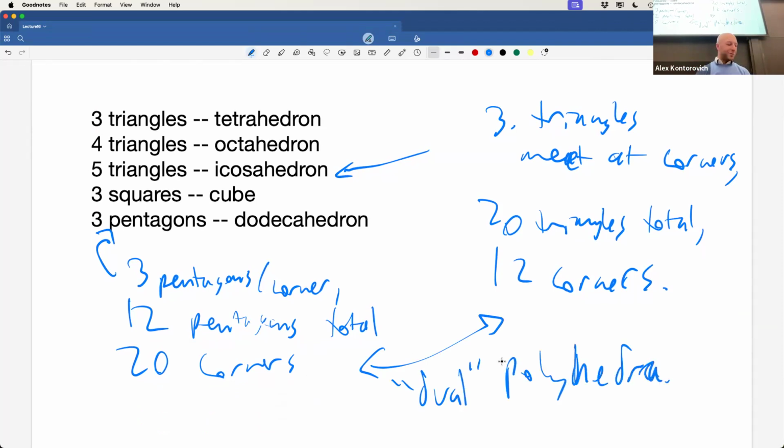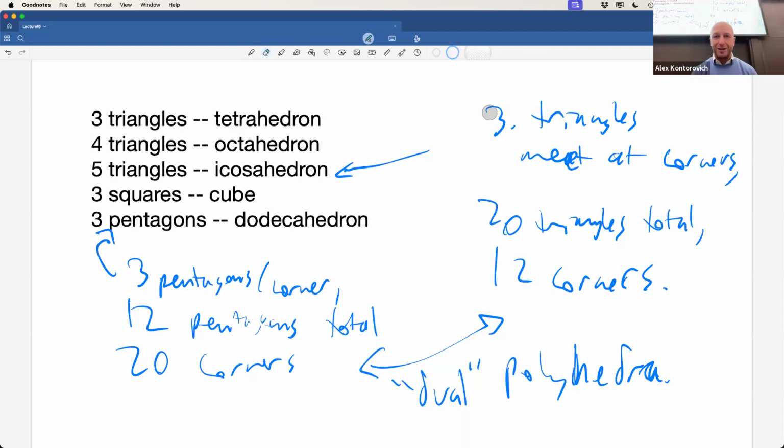The dual happens when you turn corners into faces. If I think of this corner as a face, and that corner as a face, the interchange of the roles of corners and faces is exactly the thing that takes you from this shape to this shape. These are cousins.